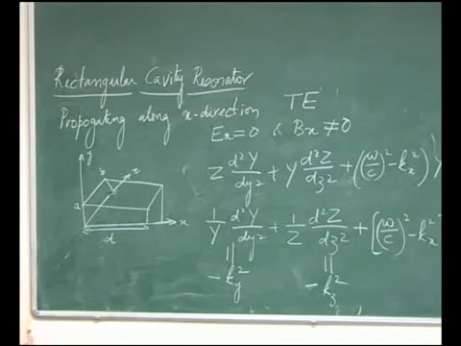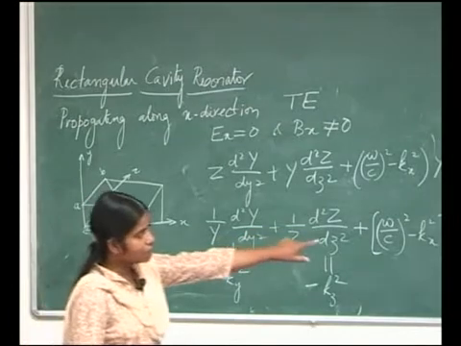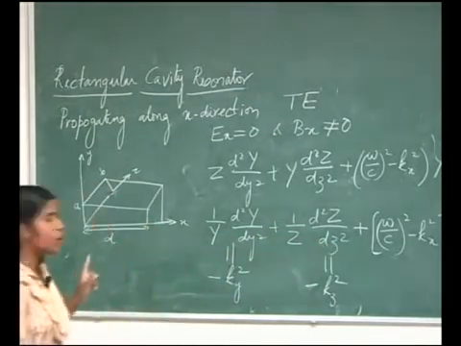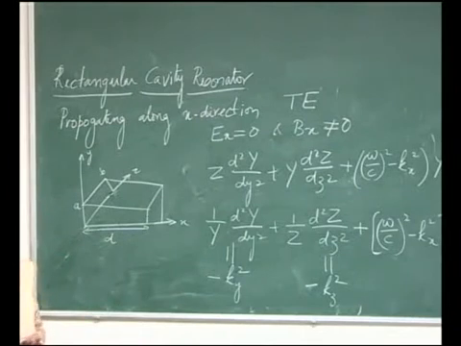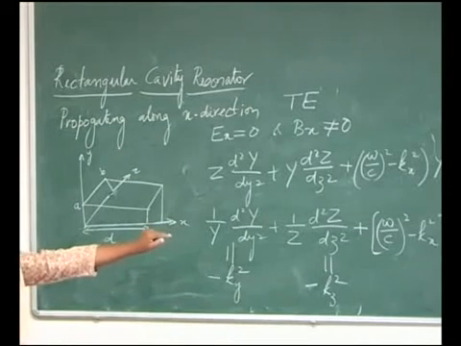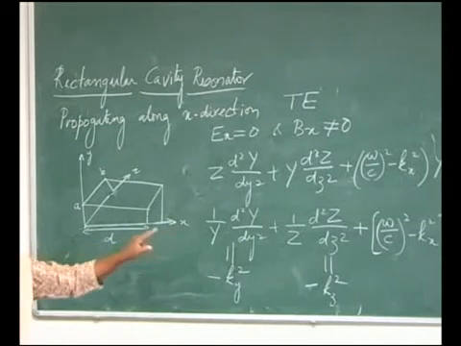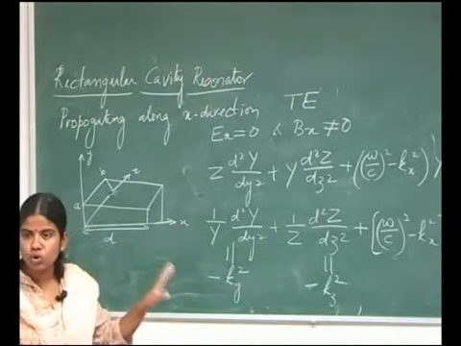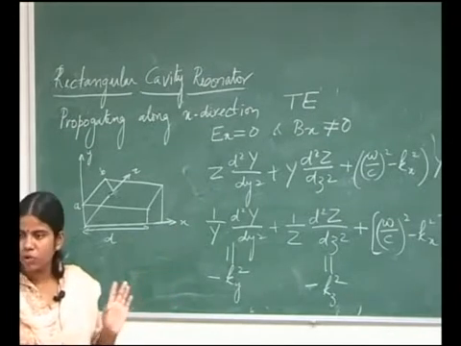So do we have 4 boundary conditions? First let us check. So I know that B is a function of y and z. Okay. So I need at least 2 boundary conditions per parameter. Is it clear? The function Bx, the magnetic field along the x axis, is a function of y and z, right? So at least to get these 4 unknown constants, I need 4 boundary conditions.